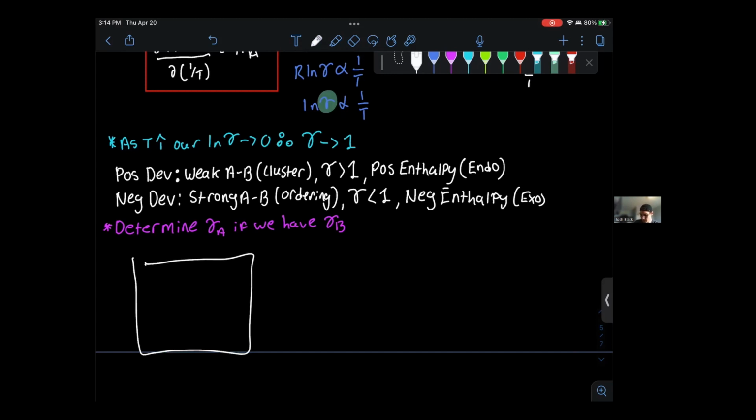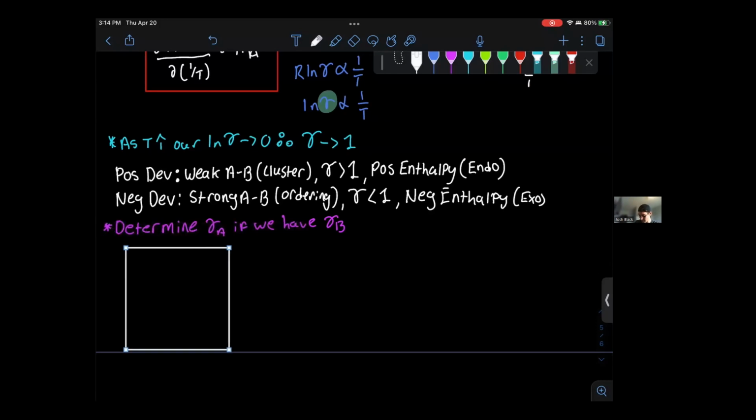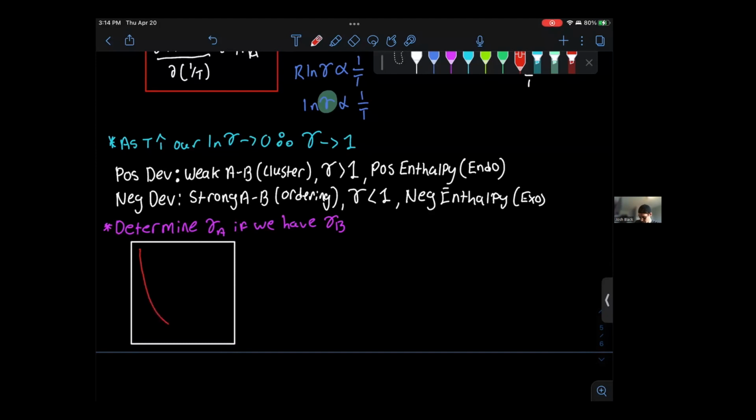Now, instead, when we graph this same thing in terms of our activity coefficient, it's a lot nicer. It's going to go off to infinity on the y-axis, taper off, and have an intercept point on the x-axis. The x-axis, we'll say, is the logarithm of gamma B, and the y-axis is going to be xA over xB.